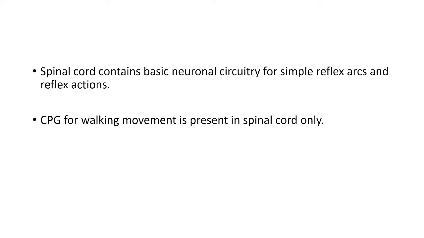So when we see the overall function of spinal cord, we can make out that spinal cord has alpha motor neurons or lower motor neurons, which are the common final pathway. They organize various reflex actions and constitute an important center for reflex action, as well as they have afferent and efferent limb of the reflex arc lying within them. Okay.